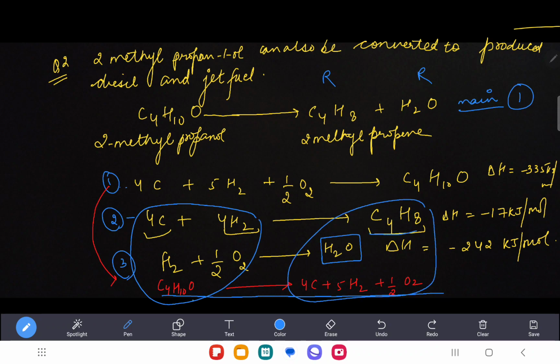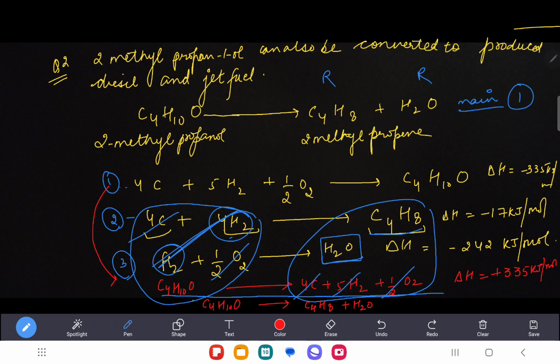In the product side, C4H8 plus H2O, 4 carbon cancels 4 carbon, 5H2 cancels 5H2, and half O2 cancels half O2. If I'm reversing my first reaction, its heat becomes positive, so that becomes 335 kilojoules per mole. My final reaction is C4H10O giving C4H8 plus H2O.